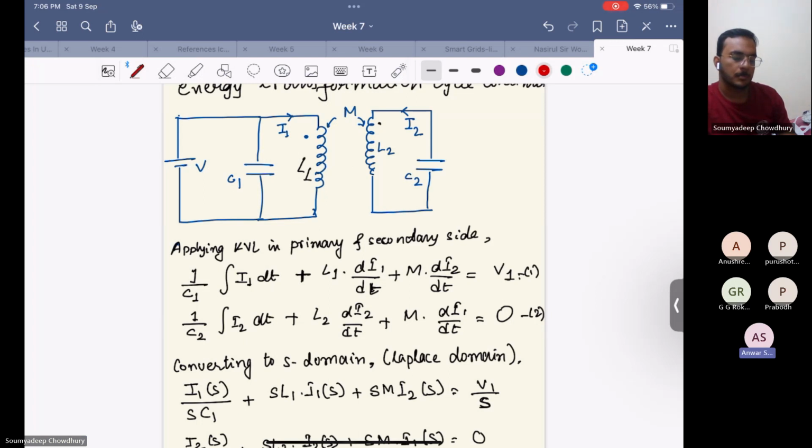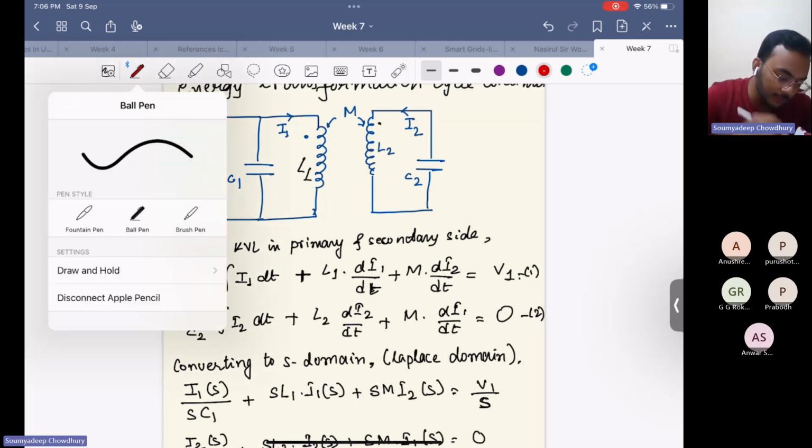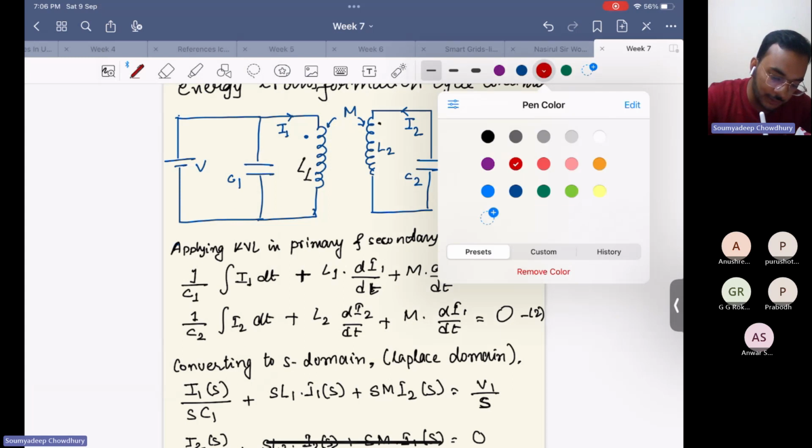Right, sir, so we have taken the loop of the second mesh, right, sir? Yes. Actually, I think, yes, there is a mistake here. Just a second, I will look into it. Sorry, the circuit diagram is actually not correct. I'll correct it.